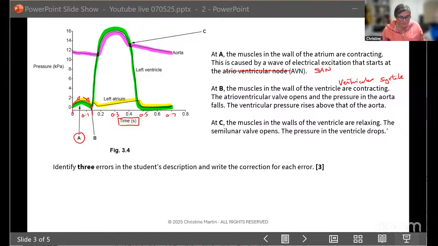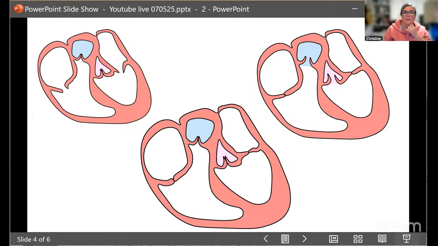Okay. What I want to do is, I'll come back to this question in a second. I want to look here. Now, it's important whenever you are describing the pressure changes in the heart that you understand it's about pressure from one place to another.